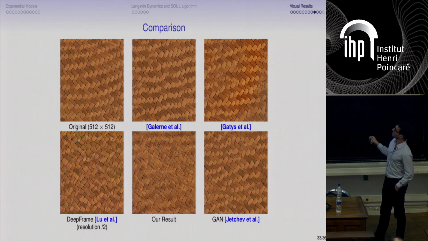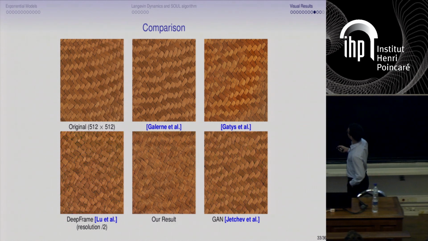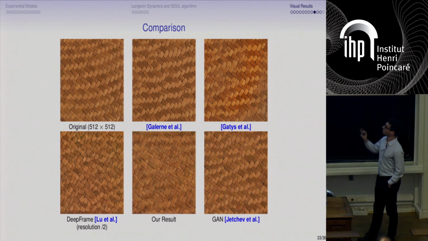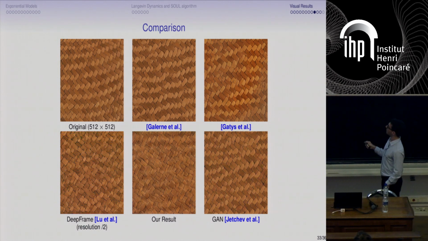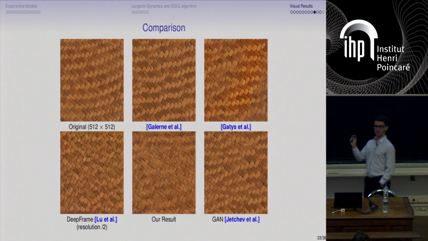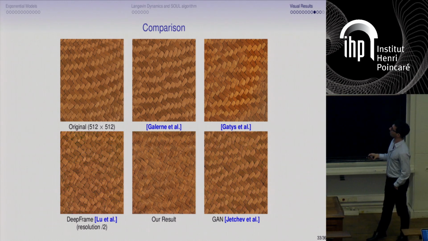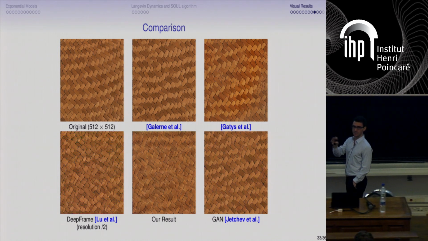And here is the result obtained with generative adversarial networks. As you can see, here the result of the algorithm we proposed is a bit less convincing, and I think it's because the structures here are maybe a bit too large to be captured by the statistics of the neural network.